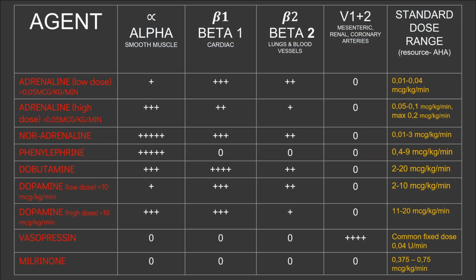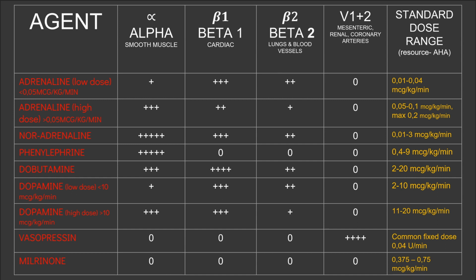Okay, so let's talk about that low dose adrenaline. At low dose, it's got less affinity for alpha. And remember, if something has an affinity for alpha, it means that it's going to vasoconstrict our smooth muscle, and it's going to give us a higher afterload, and our SVR is going to increase.